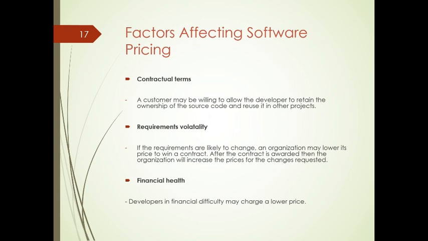Requirements volatility could be, an organization may say, okay, we are going to do this for $10,000. And the customer is very happy. He thought that he would have to spend like $100,000. He's getting something for $10,000. Turns out the developer says, well, for $10,000 you only get this. Now, if you want something else, you have to give us a little bit more.